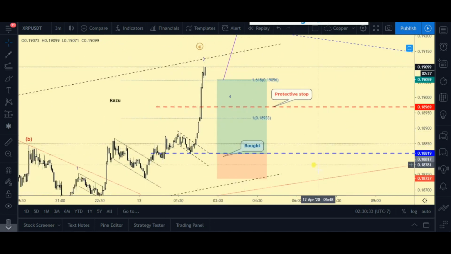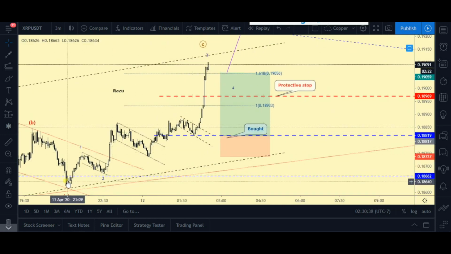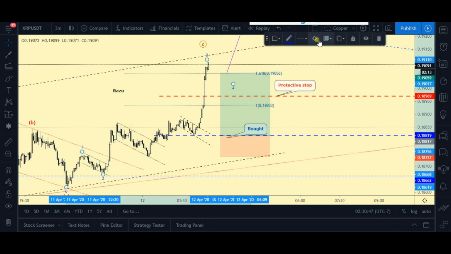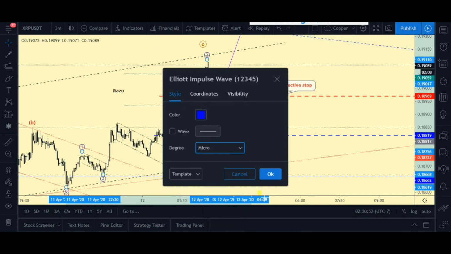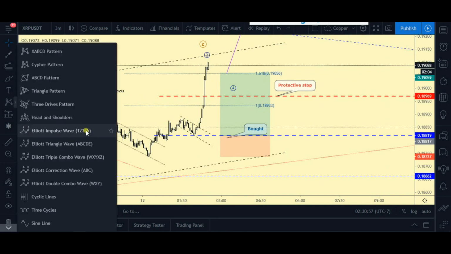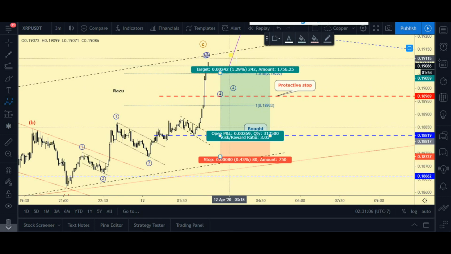Inside the third wave we can see clearly the 5 waves. So if we look closely, this is the first, this is the second. So in the third wave we have another waves. If I label this, you can see that this is the first wave, this is the second wave, and the third, fourth and fifth.